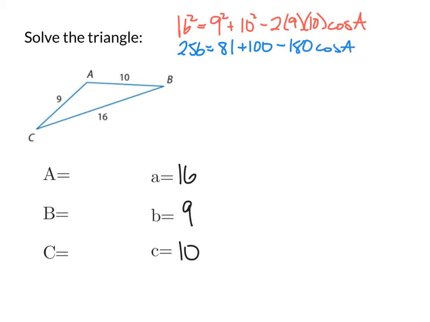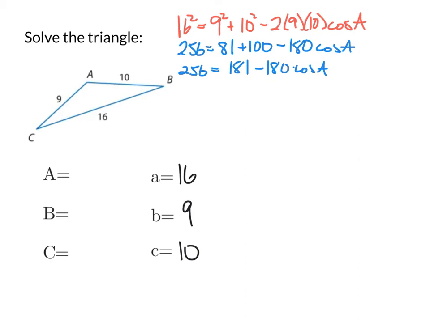Now, when we start adding things together on the right side, 81 plus 100 is 181. That's true. But this is not 181 minus 180 that's being multiplied by cosine of A. It's only the 180 that's being multiplied by cosine of A. So these are not two like terms.